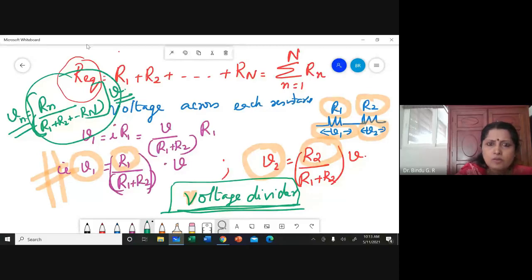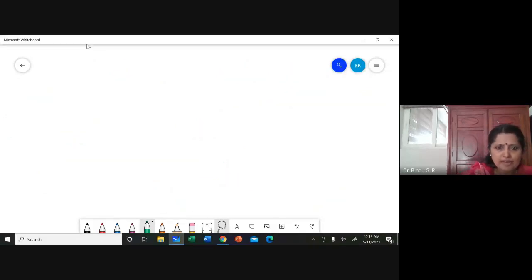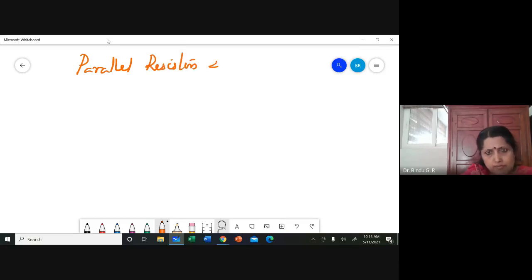Now, I'm passing on to the second case, parallel resistors, or resistors connected in parallel. It was voltage division in the previous case. This will be current division.